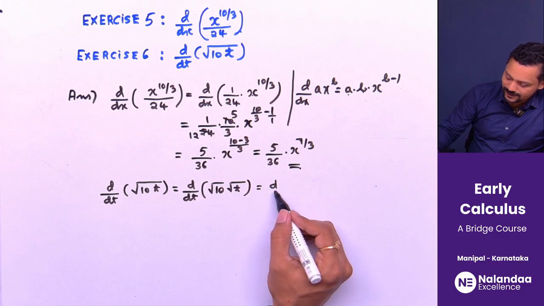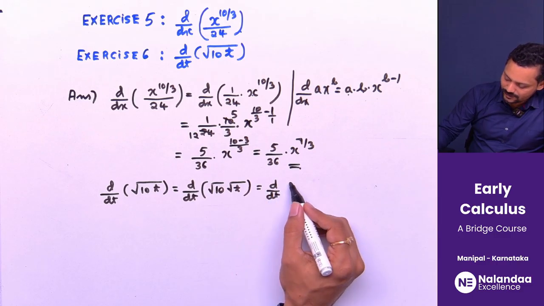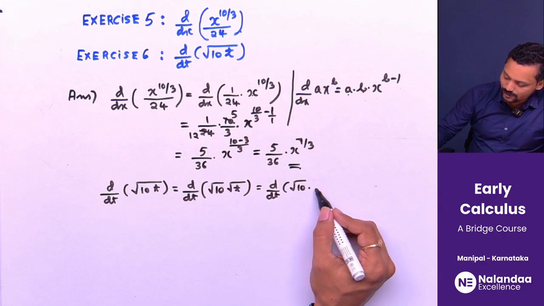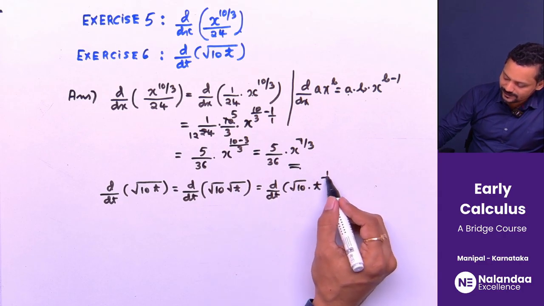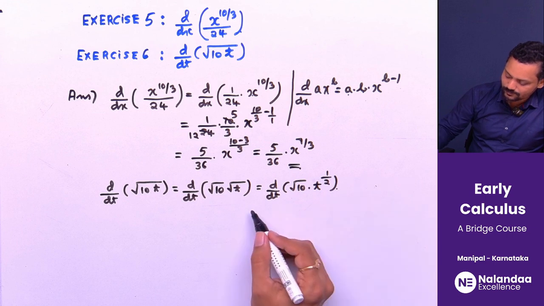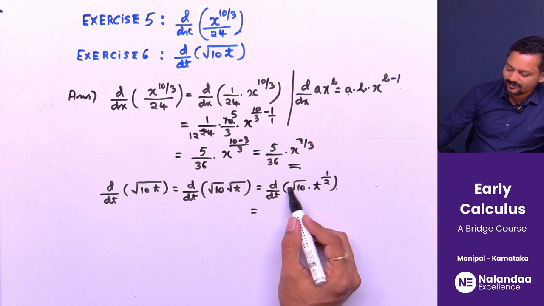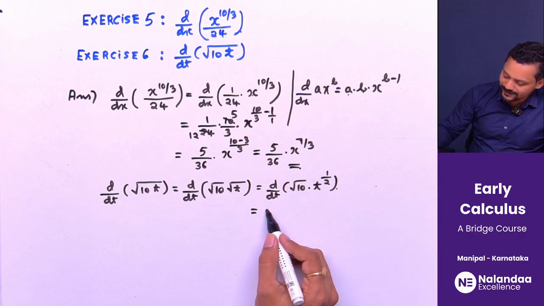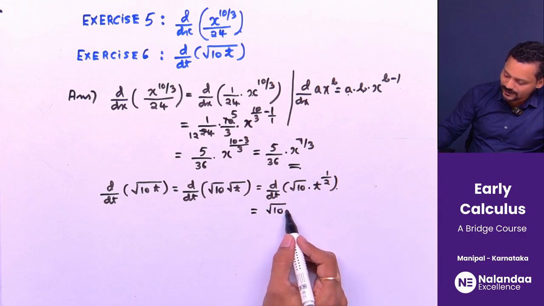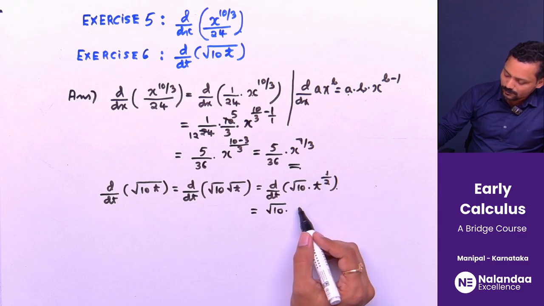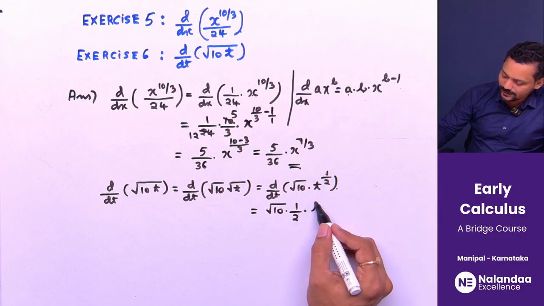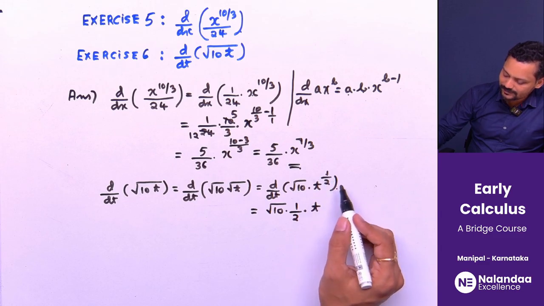This can be written as t power 1 by 2. Now this is of the form a x power b. So we will write a as it is, that is root 10, into b, that is half as it is, into t power b minus 1.